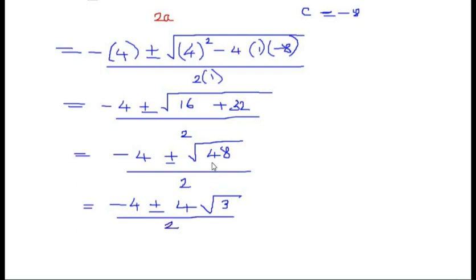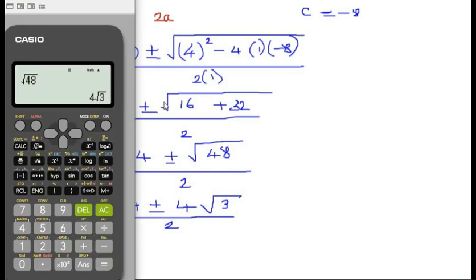So if your calculator is not giving you the answer in the form of a surd and it is giving you an answer as a fraction or a decimal, the thing you need to do is go to the calculator and click on shift and mode, and there is a number 1, click on 1.